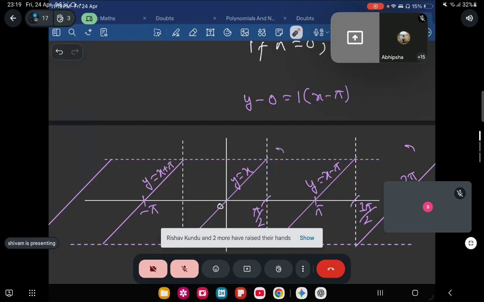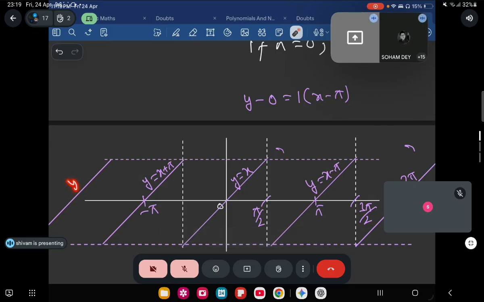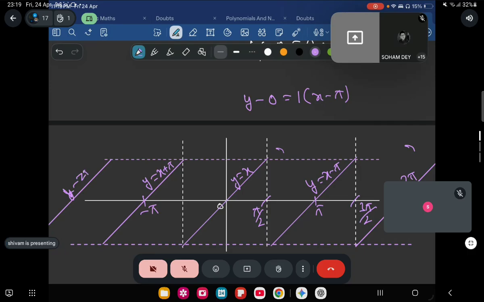So y equal to x plus 2 pi. If there's anyone having any doubt, you can ask me now.